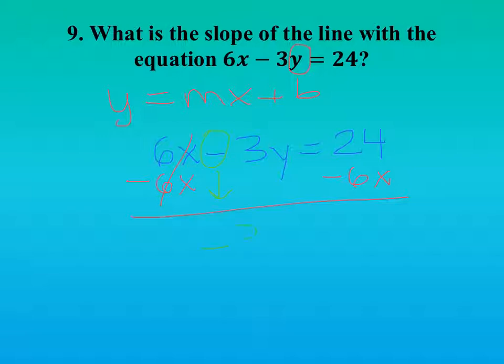This now becomes negative 3y equals negative 6x plus 24. Hopefully you can see that. I know it's a little light, but I like the color green. So, I'll just read it again. Negative 3y equals negative 6x plus 24.